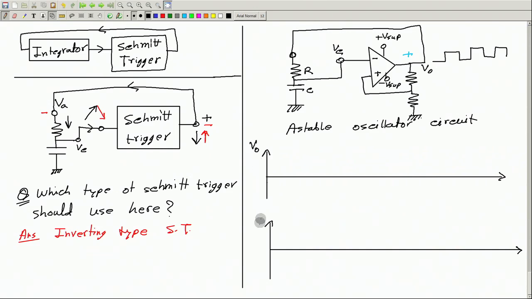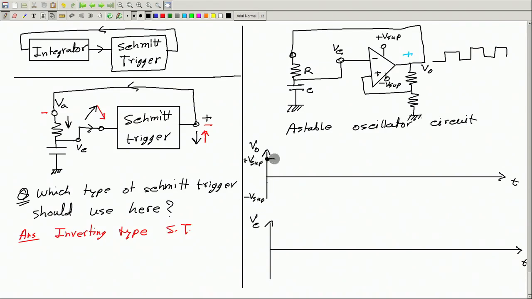Let this be the output, let this be the Vc, time. To start our analysis, as always, I shall start with an assumption that initially the output voltage is positive. Say this is plus V supply, and this is minus V supply.